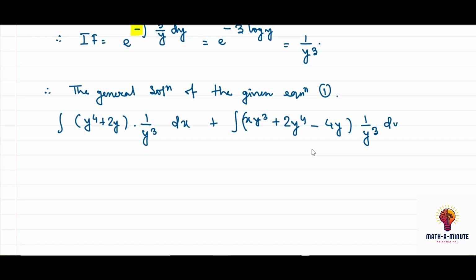Now it is just a simple calculation. The first part is only a function of y, but we have to integrate with respect to x.